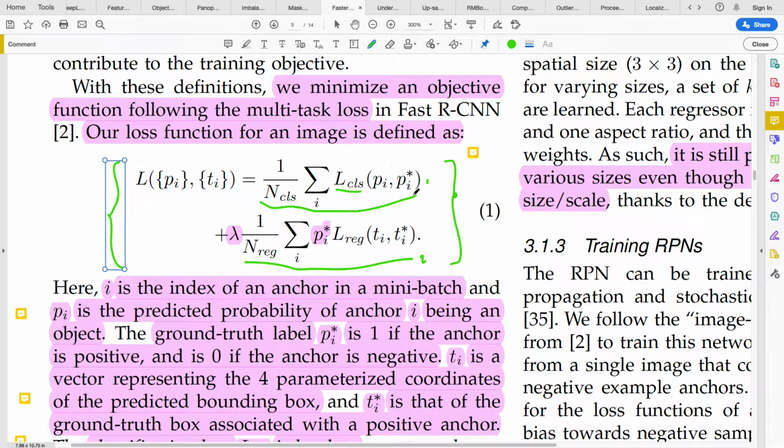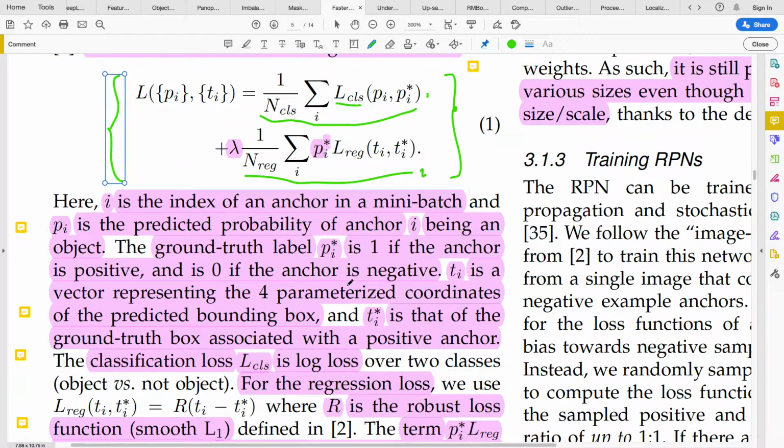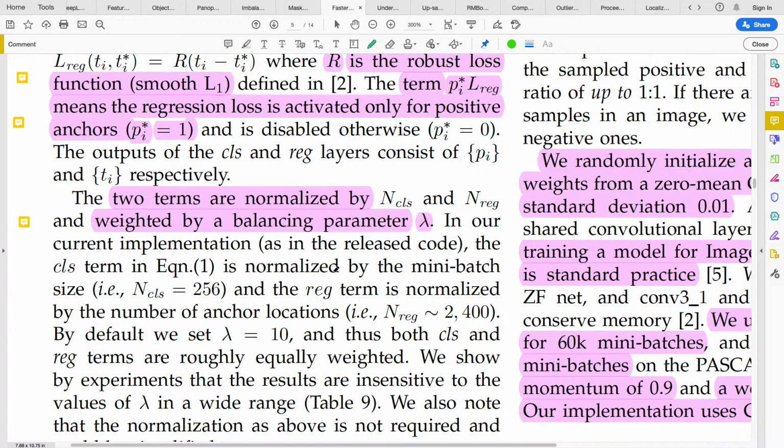After we have summed over, we then normalize by N_cls. Excuse me, it's not the number of classes, it's the number of anchors in the mini batch. That should be our N_cls. In their case, it is 256. So you normalize by the mini batch size.